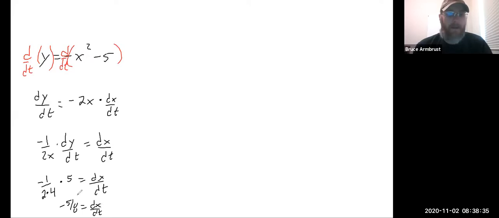So there is our answer. Now, what this tells me is that x is decreasing at this point in time, right? When we're here, dx/dt is negative 5/8, so it's a decreasing quantity, which would matter if we are actually using this for some sort of an application. But since this was just, hey, find a value, there's our value.